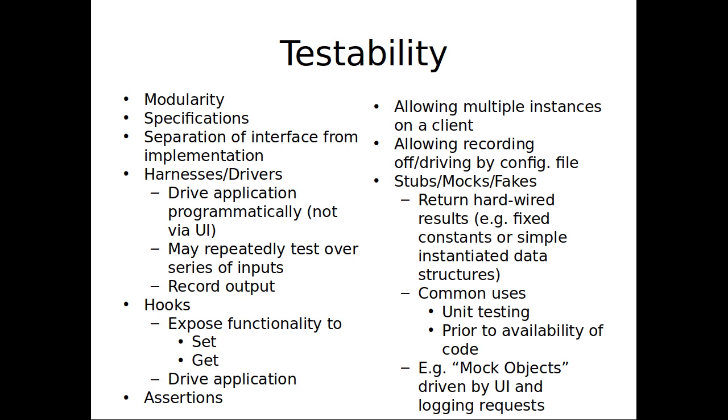So, modularity, use of specifications, which I've requested. We'll talk more about this quite possibly next time. But basically, these are things that describe for a given method preconditions and postconditions: what it needs to do its job in terms of preconditions, say values of parameters passed to it, and then what are the postconditions?